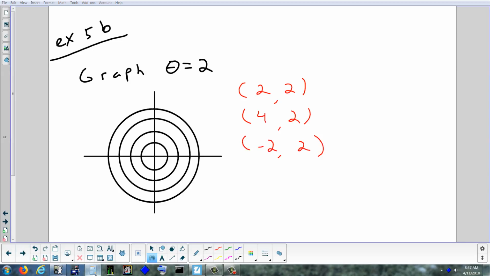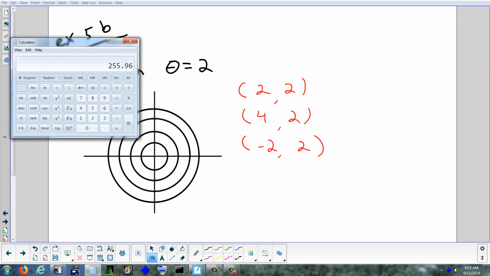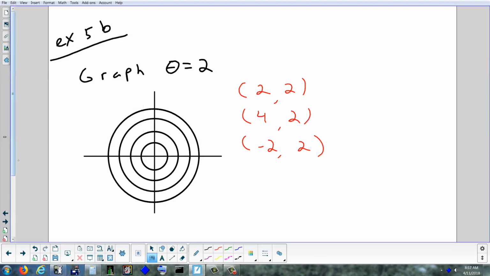Also, if you're not 100% sure what 2 radians is, to graph it you kind of need to know what it is. So we could just convert it to degrees. I think it's about 114 degrees. If I do it out, it's 2 times 180 divided by pi, just converting radians to degrees. So it's about 114 degrees, which is a little bit past 90.